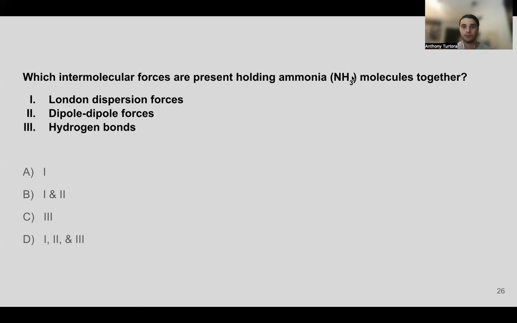We will talk about exactly what makes a hydrogen bond, but it is an N, O, or F that is bonded to a hydrogen, interacting with an N, O, or F of another molecule. And when we have hydrogen bonds, we know that we have dipole-dipole forces, as dipole-dipole forces exist between polar molecules, and all molecules will have London dispersion forces. Therefore, here we know that D is correct.